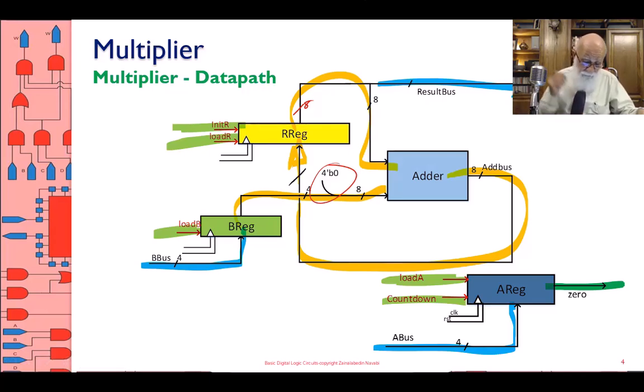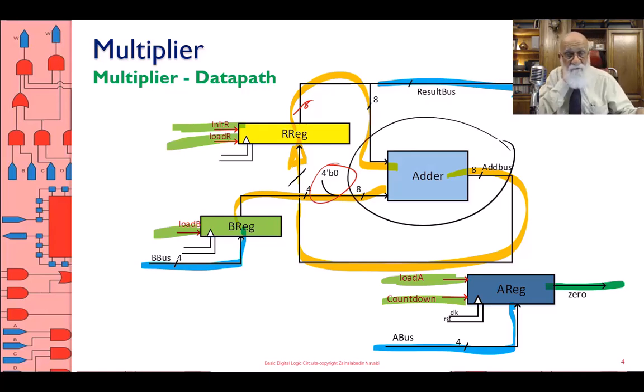And then I will do my Verilog. Okay? Just close your eyes and describe this in Verilog. Nothing. It's an assign. Add bus equal R reg plus {4'b0, B reg}.